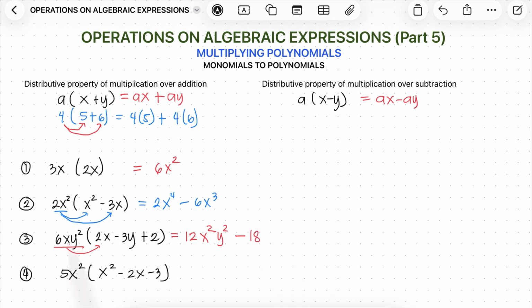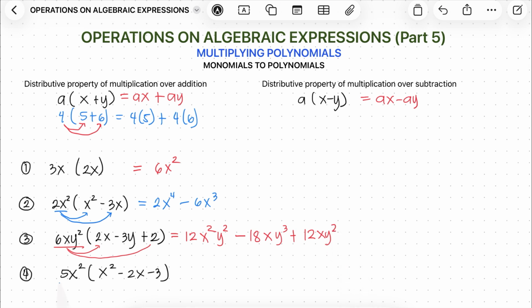And then there is no x here, so I will just copy x. y squared times y is y cubed. And lastly, plus, this is addition. 6 times 2, that is 12. And since there are no variables here, I will just copy xy squared.